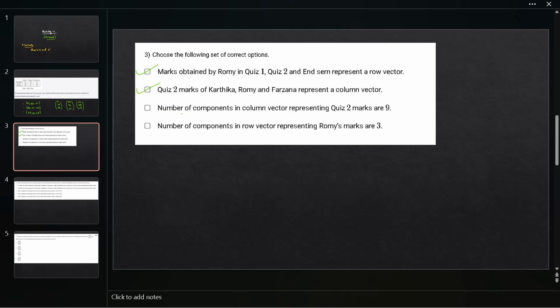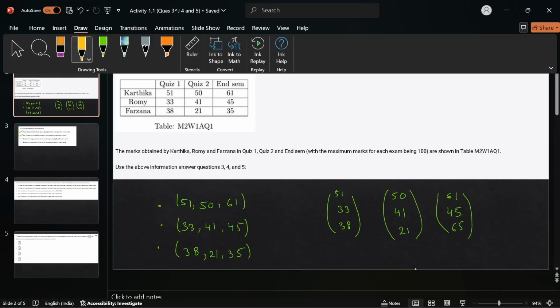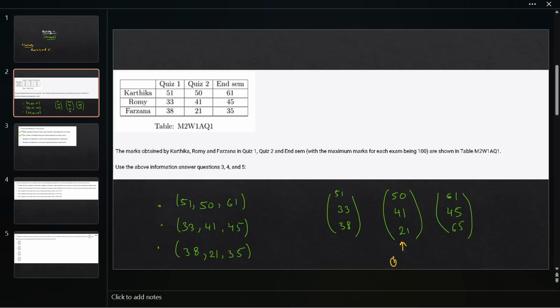Now in option 3, we are told that the number of components in a column vector representing quiz 2 marks is 9. If we check the vector that represents the quiz 2 marks, we have only three components.